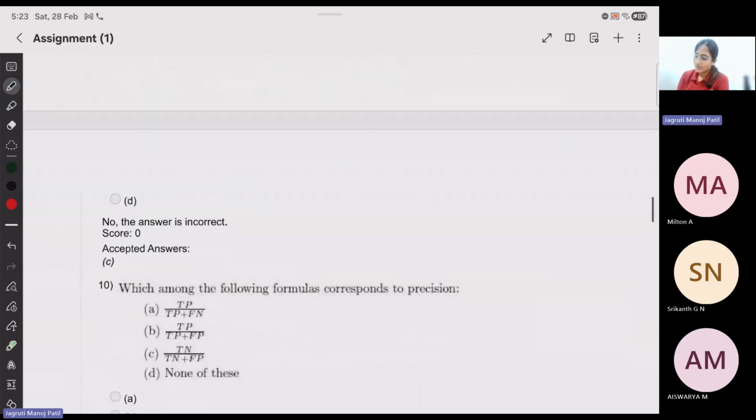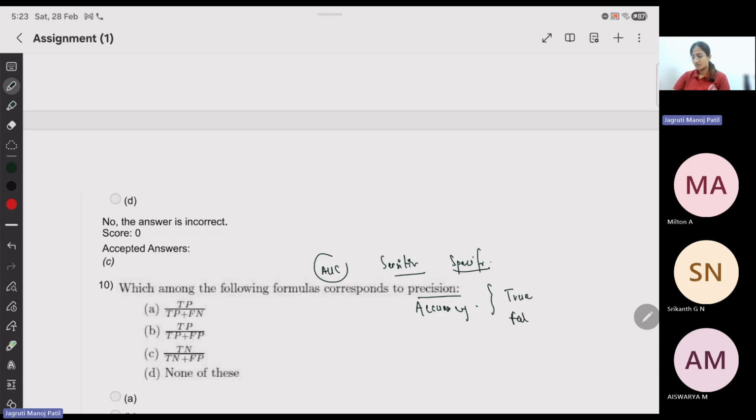Now, when you do this area under the curve analysis, or when you look at sensitivity, specificity, those things, you have something as precision, you have something as accuracy. You represent them in terms of the matrix, which has true positives, false positives, true negatives, false negatives.